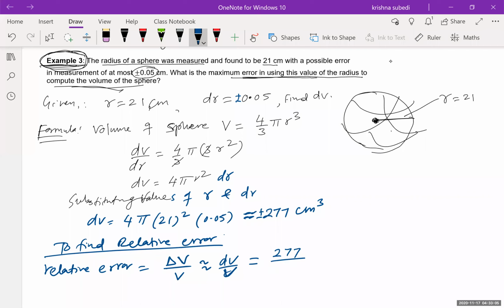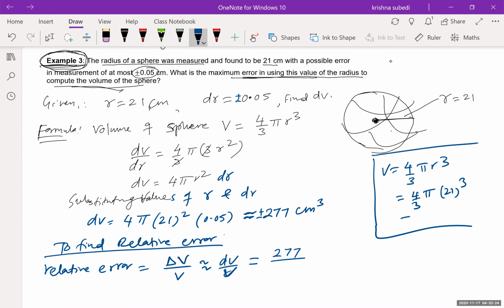What is V? Let us calculate V. V is 4 over 3 pi r cubed, with r equal to 21 cubed, which will give me approximately 38772.